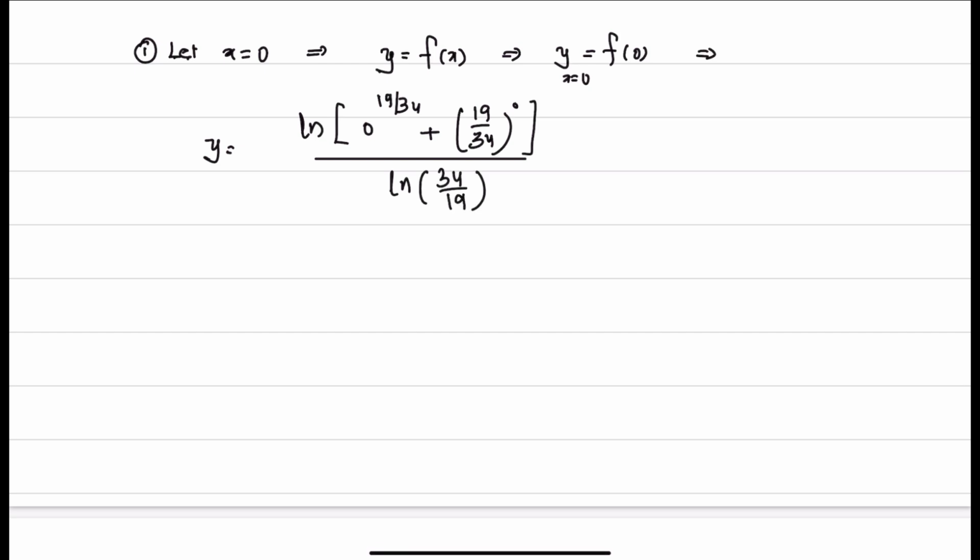It's a constant because it doesn't have any variable. In the numerator we have put the value of x as 0.